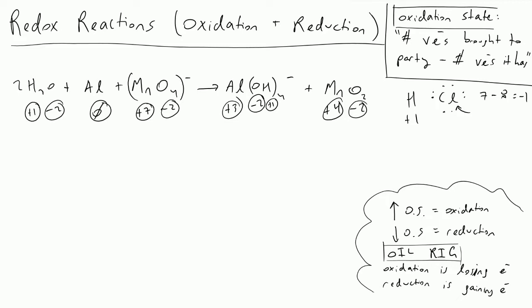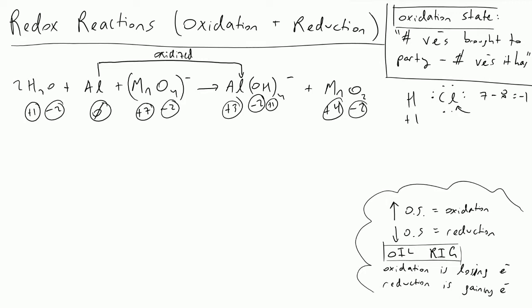Okay, and so now that we've assigned all of these values, what we're going to find if we look at what happens to aluminum, for instance, is that it's going from 0 to +3. And so because we see an increase in the oxidation state, it's more positive now, the aluminum is being oxidized.